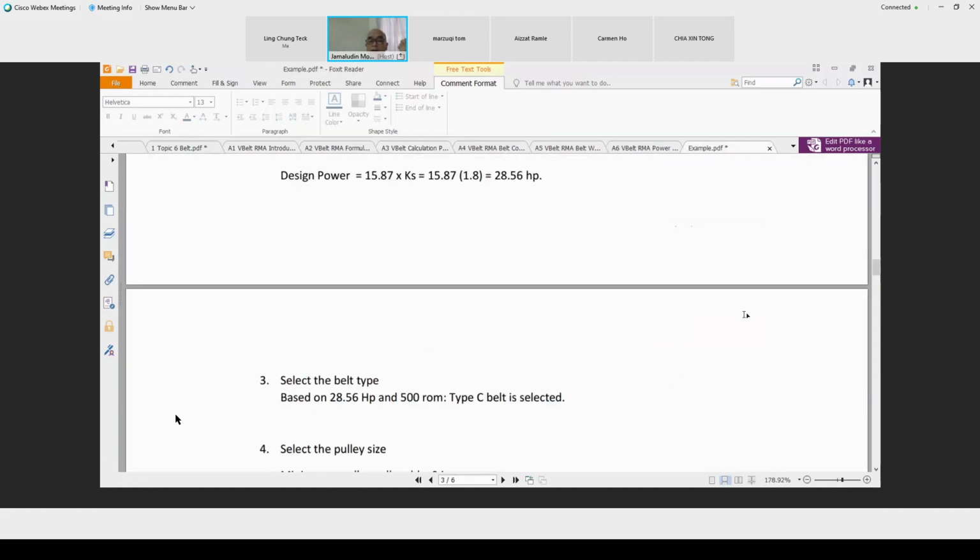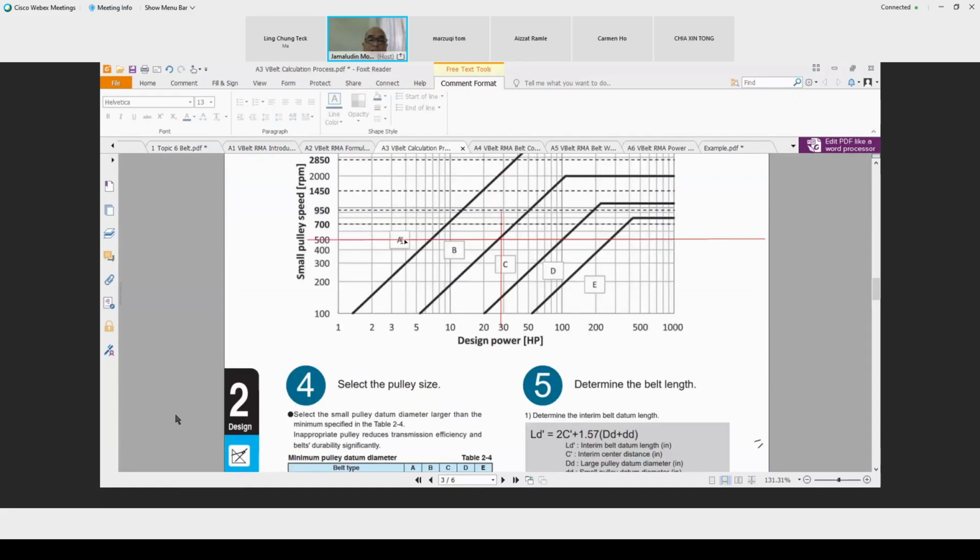Okay, from there, based on 28.56 and the RPM, type C is selected. Actually, between A, B, C, D, and E, the C will take more power. If you take A, it's going to be very small power, and as it goes to the later types, it can take more power.